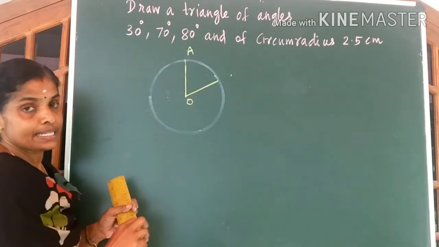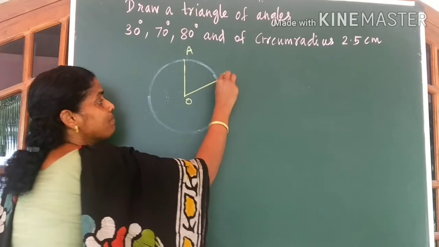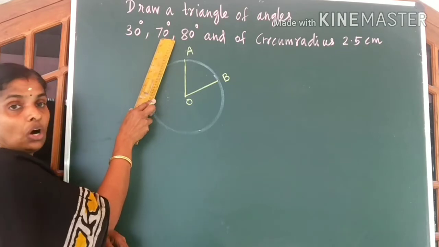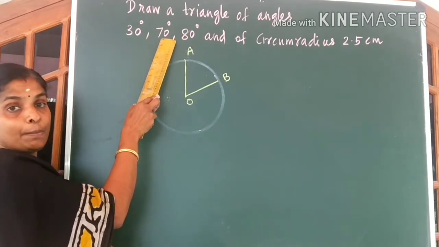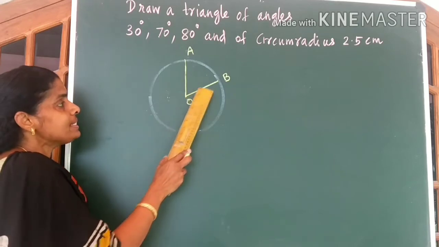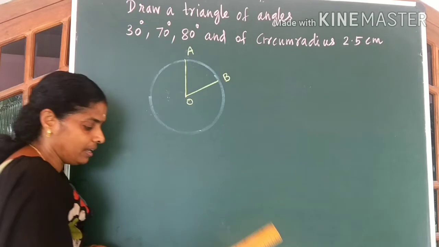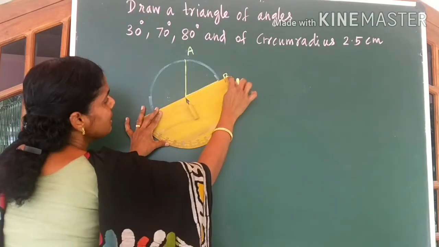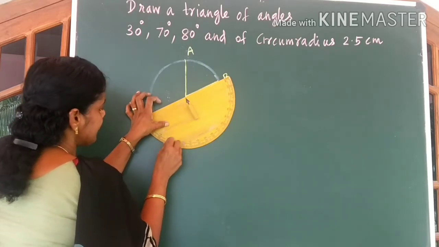This angle is 60 degree. Let me mark this point as B. Now we have to take double of 70 degree. So keep your protractor on this line OB and measure 140 degree. So I kept the protractor on OB. 0, 10, 20, 140 is here.